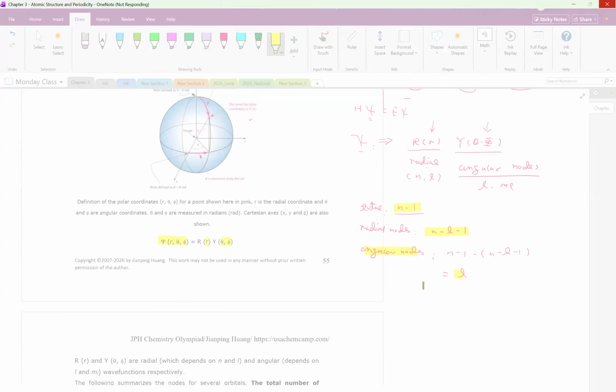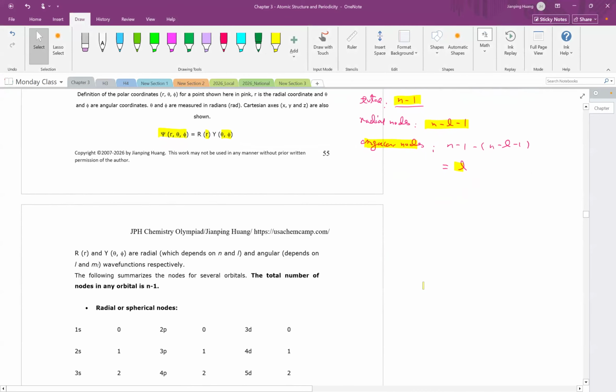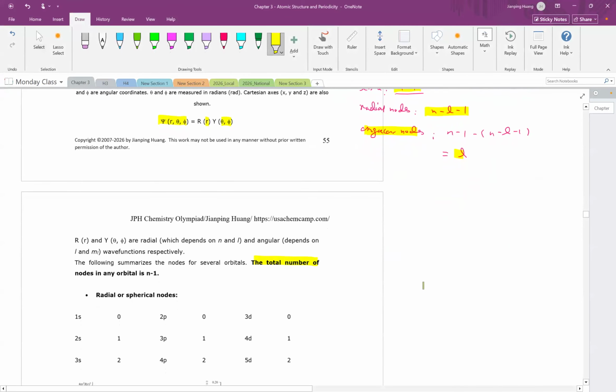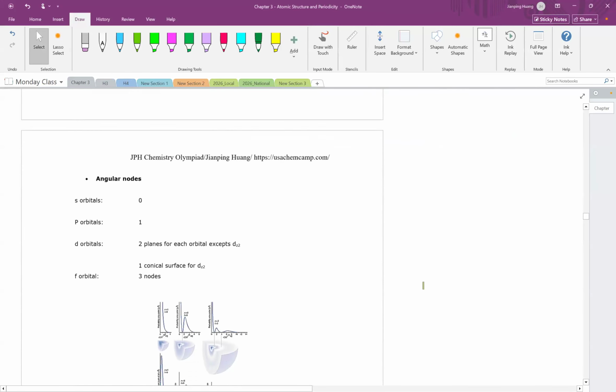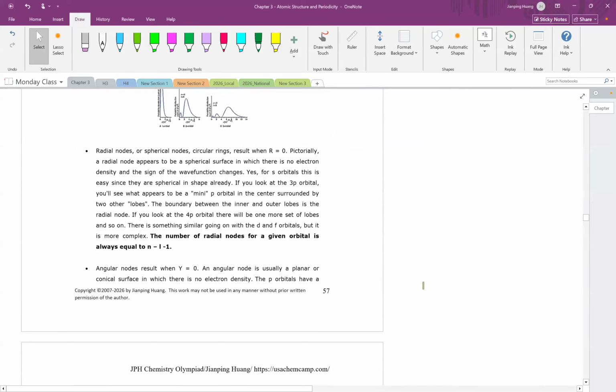A little bit, the document, I need to divide into two smaller documents. Now it's too big. Okay, see? The total number of nodes is n minus 1. The radial nodes is n minus L minus 1.